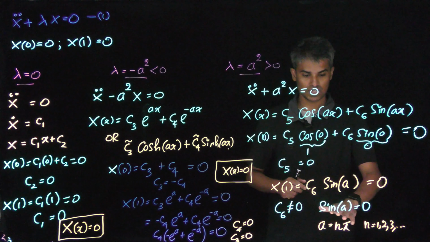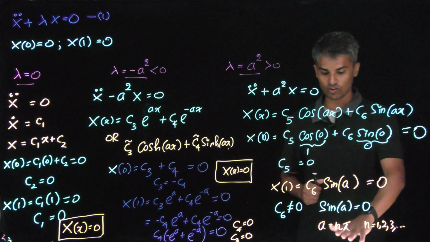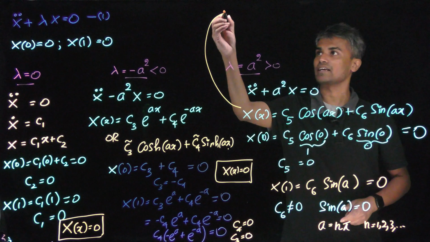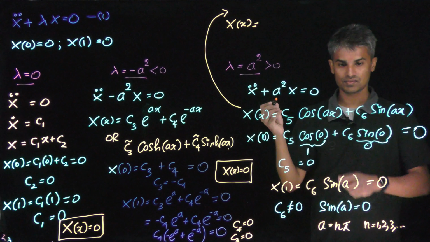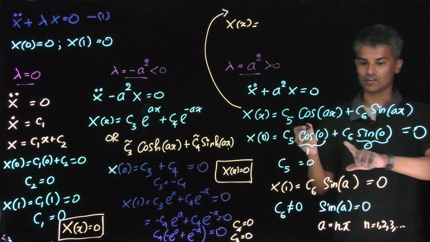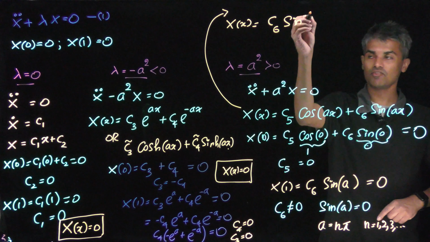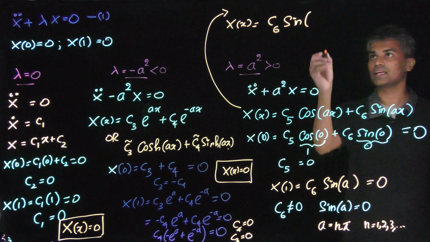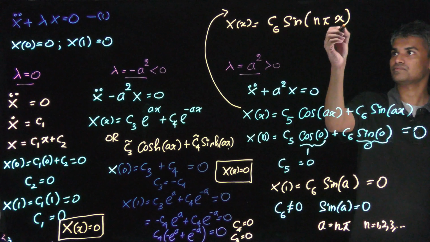Okay. So now we have found a value for a, and now let us go ahead and update our function big X. Big X of x equals, so this is 0, we have C6 times sine of ax, but a equals n pi, so sine of n pi x.